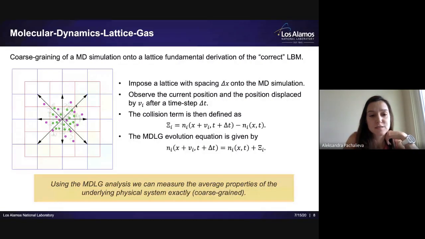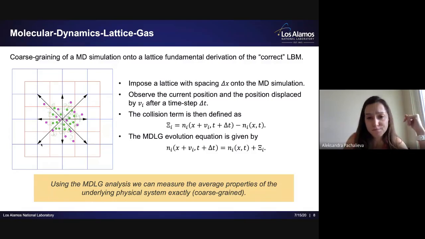And actually, we want to track this displacement. To do this, we overlay our molecular dynamics simulation with a lattice. And then we look, okay, from this time step to the next time step, where did our atom go?